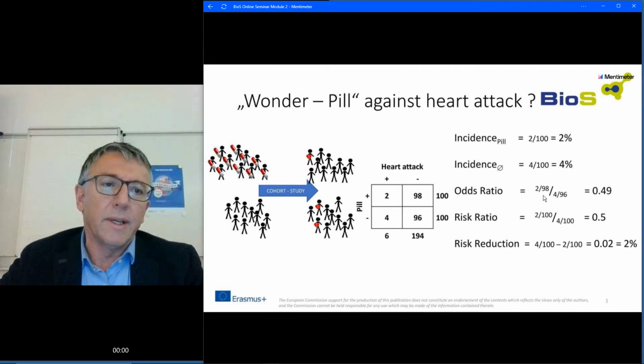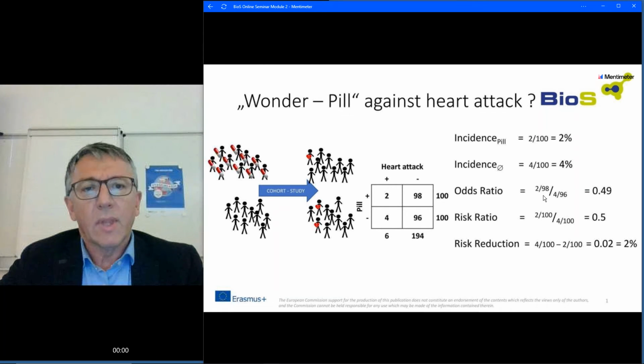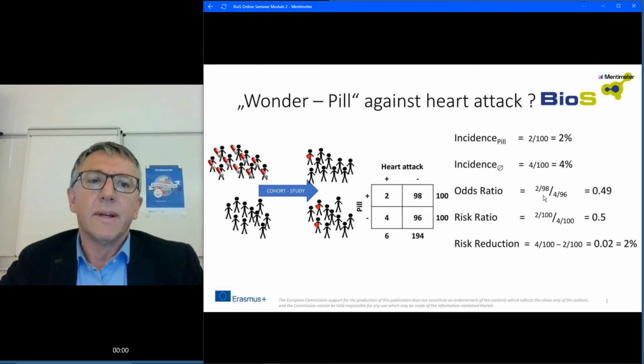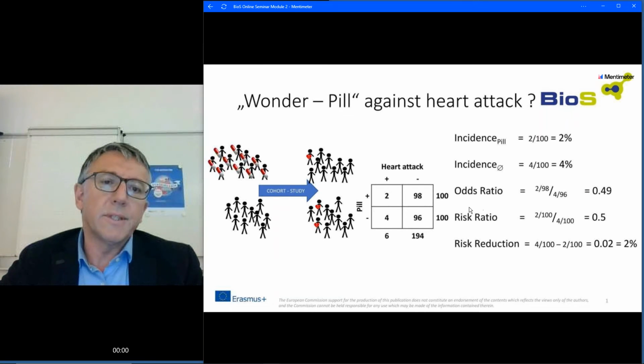Now, again, you can calculate the odds ratio, but it doesn't make that much sense because much more information is obtained in the risk ratio. So the risk ratio is the risk of developing a heart attack for those who are taking the pill, 2 divided by 100, divided by the risk of those who are not taking the pill, 4 divided by 100.